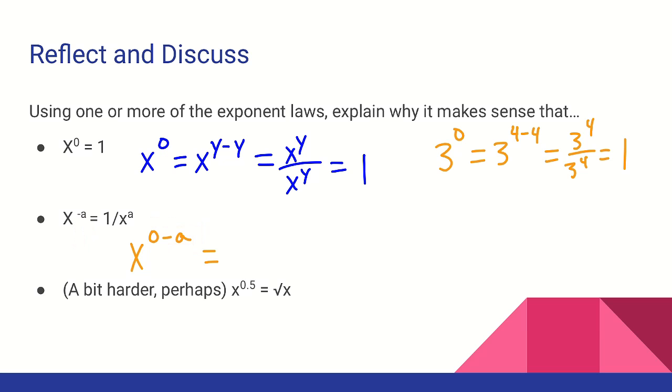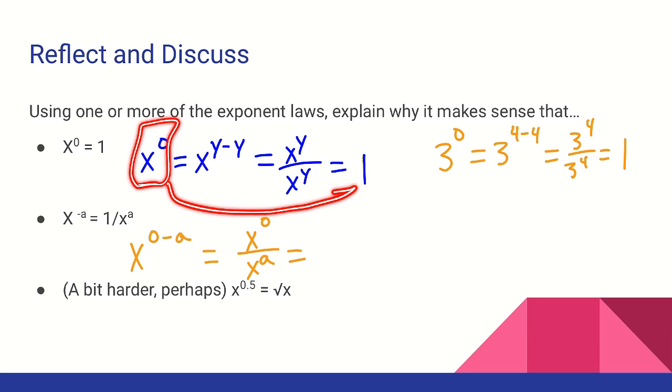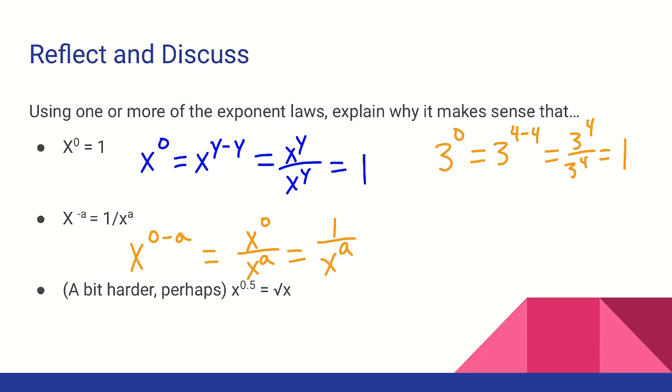Well, then we can break this apart, just like we broke this apart. X to the 0 over x to the a. Well, we just saw that anything to the 0 power is 1. So this, x to the 0, is 1 over x to the a. So this is my explanation for why this is true. Questions on that one?